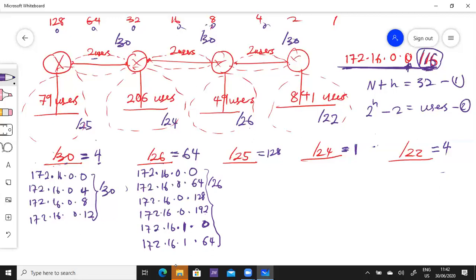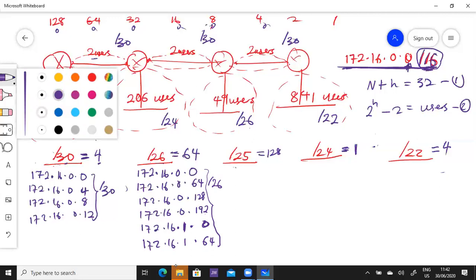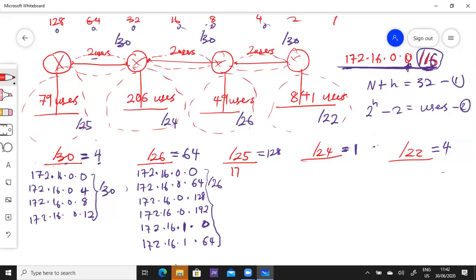And the /25, the block size is 128 and it's in the 4th octet. So the first valid subnet will be 172.16.0.0, then 172.16.0.128. What will be the next one? 128 plus 128 is 256, so it will be 1.0.